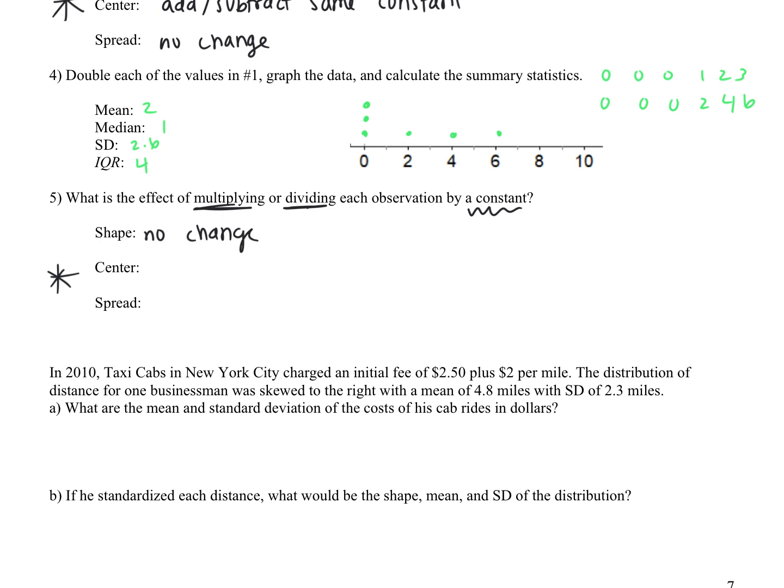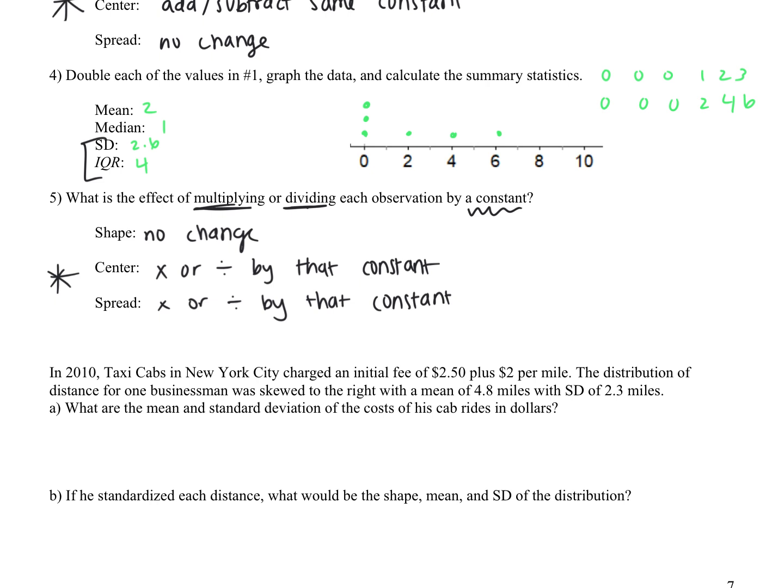This shape is still skewed right. The center, we would multiply or divide by that constant. Same thing with the spread. We would multiply or divide by the constant. And we can see that up here with the standard deviation and the IQR.